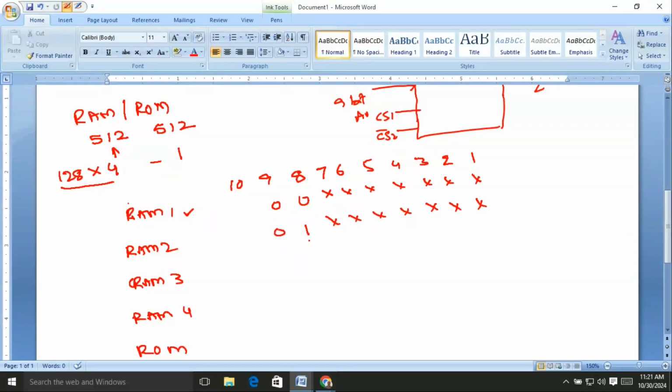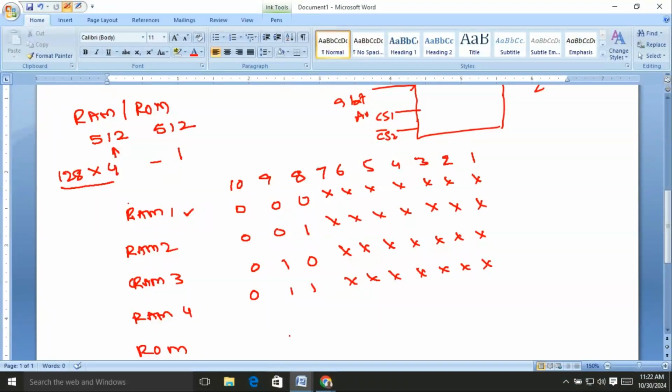So this is the second chip. Suppose this is 10, and we also keep zeros here because these bits are not going to be used. So this is the third chip, and these 7 bits are used to extract data from any location of the third RAM. And this is 11, and again these 7 bits are used to extract data from any location of the fourth RAM chip.